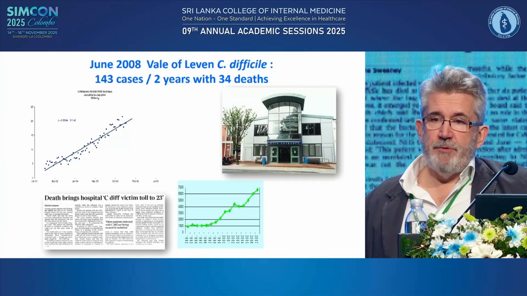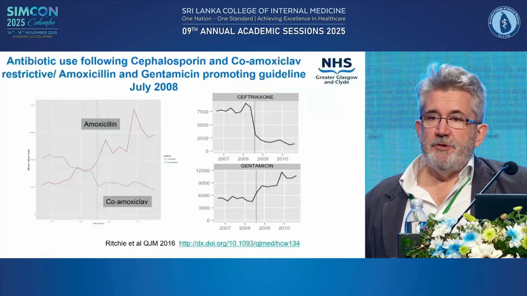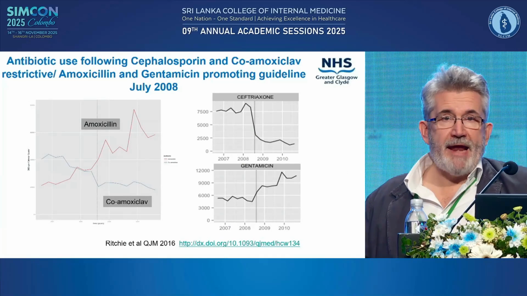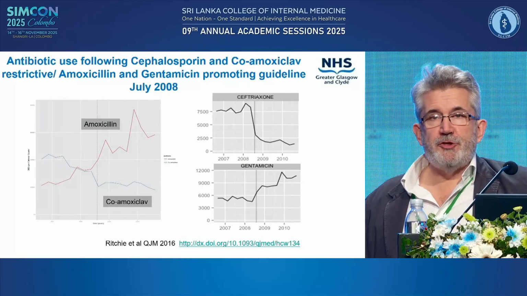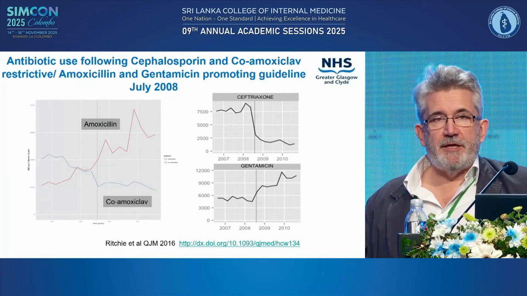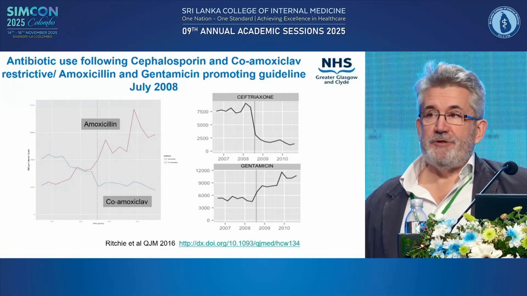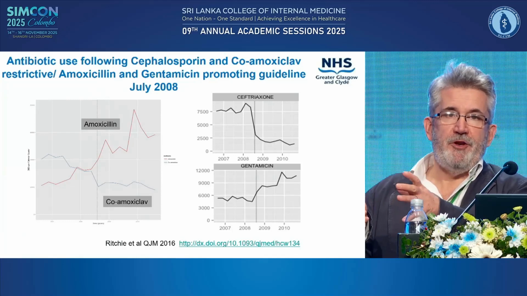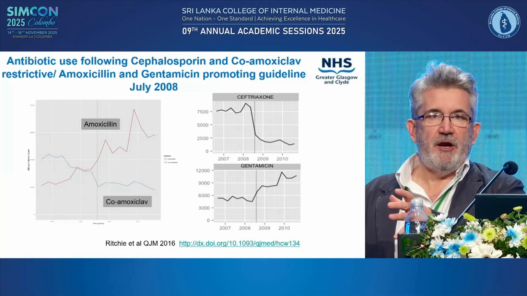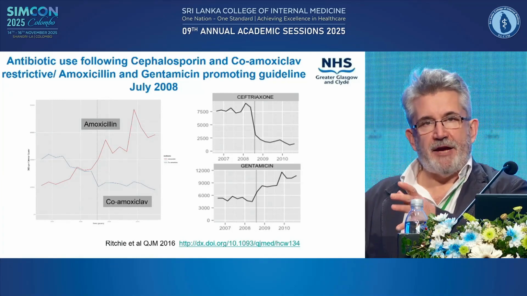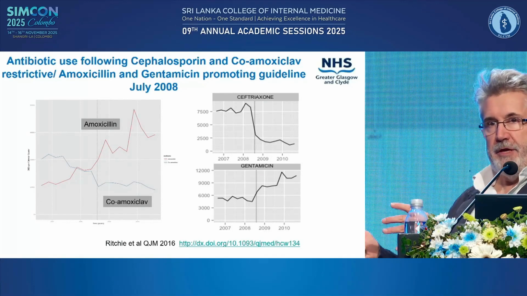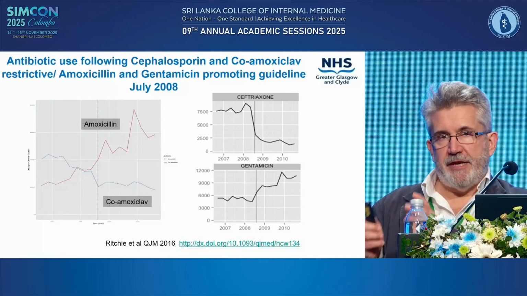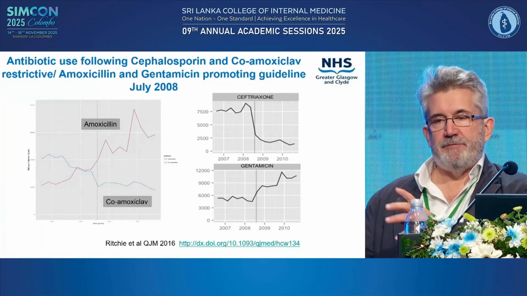So what we did when we recognized this, and this was in 2008, we stopped using cephalosporins. So we banned them. And instead of using third-generation cephalosporins, we used aminoglycosides. Now, I don't know what your resistance rates are like, but we knew that we could use gentamicin to treat our gram-negatives. And for that critical empirical period that you've heard about, the first 48 hours, that drug is still safe to use, 48, 72 hours.